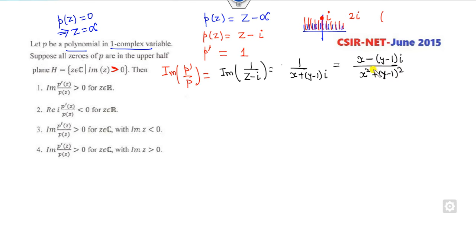Now what is the imaginary part? It is minus of divided by y minus 1 whole square plus x square. So it comes to be 1 minus y divided by this.